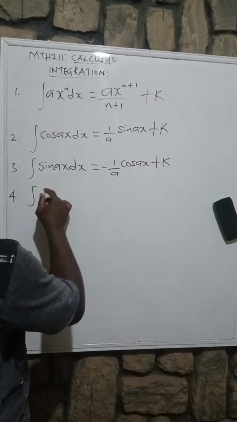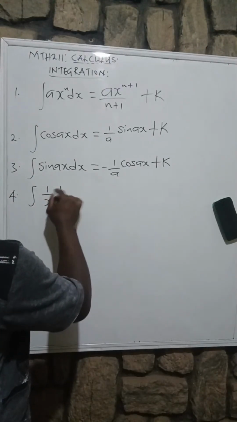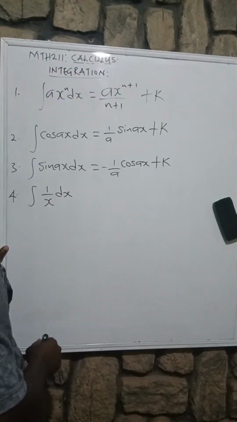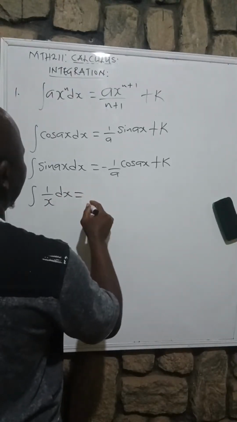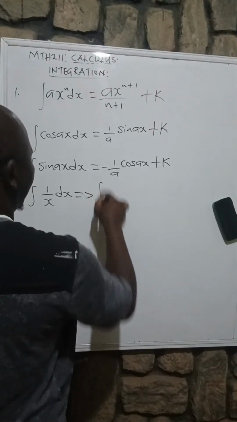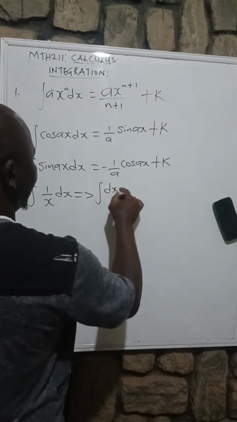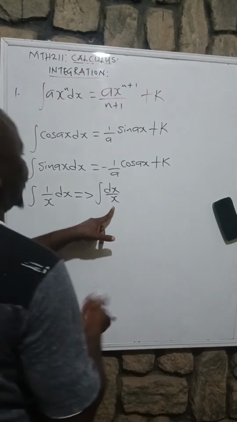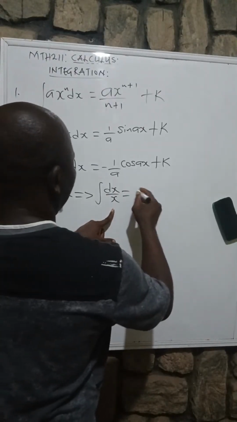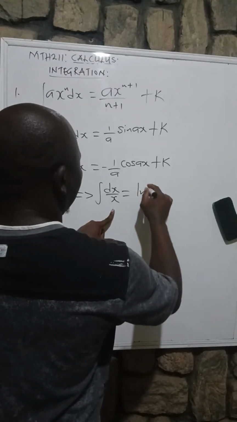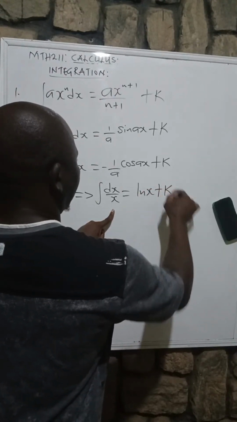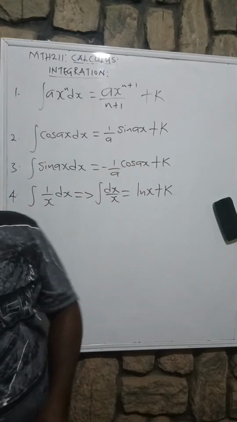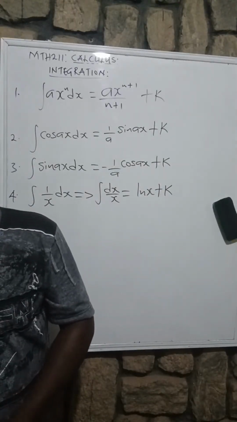If you integrate 1 all over x dx, this is the same thing as integral dx all over x. Whenever you integrate this, you are going to have ln x plus any constant. Take note. Are you following? Do you understand?